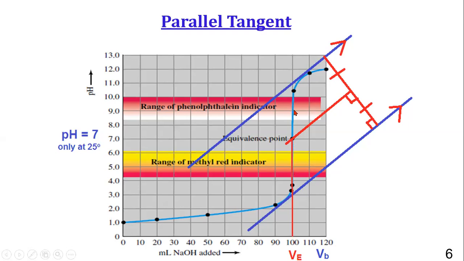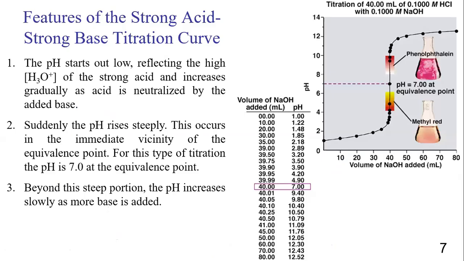If you look at this, this is the volume at equivalence, and notice either the methyl red indicator or the phenolphthalein have a change in color in the range where that sharp increase is taking place. You're going to see this a little bit in a moment, and see the difference with other titration curves.